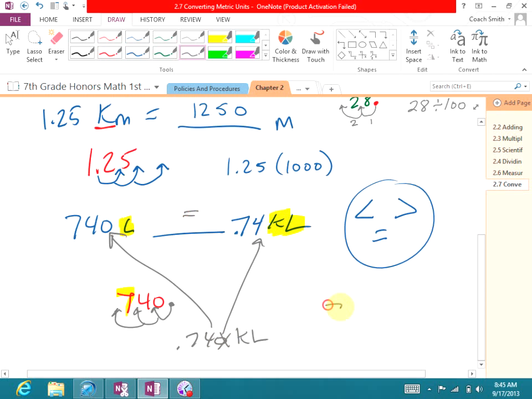The other way we could look at it is this is what we did. We took 740 and divided it by 1,000. Well, dividing by a power of 10 just moves the decimal. It moves it once, twice, 3 times. Okay, so the main thing is you have to remember what order they come in.